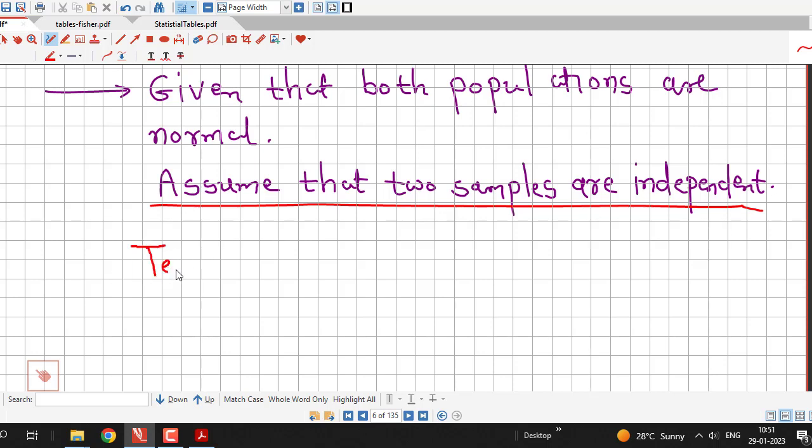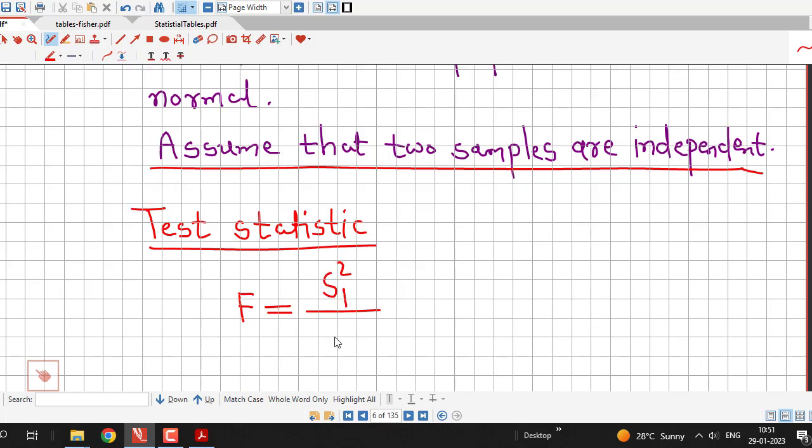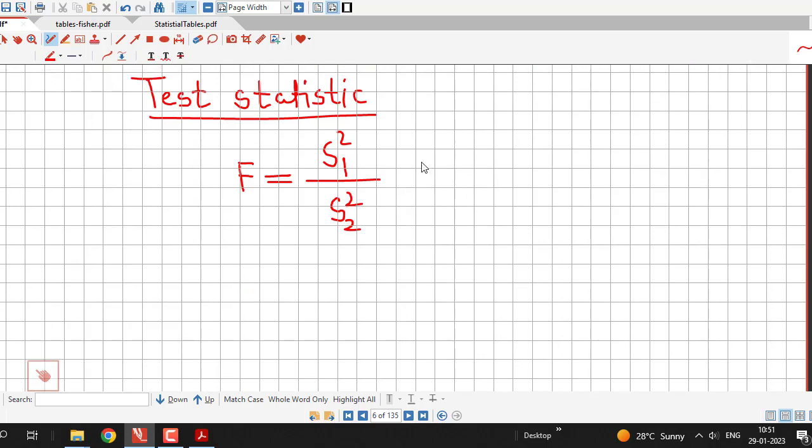Now under this assumption, and because the null hypothesis is correct, the test statistic for this hypothesis test is F equal to S1 square divided by S2 square, with numerator degrees of freedom n1 minus 1 and denominator degrees of freedom n2 minus 1.